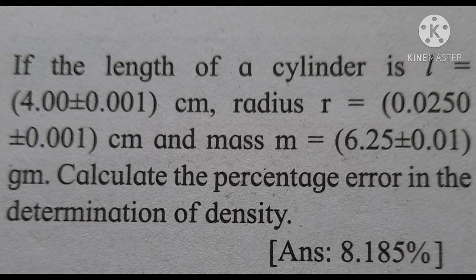Similar to that, the radius is also measured with a screw gauge, which has a least count of 0.001 centimeter. This means that the maximum possible error in the measurement of radius is 0.001 centimeter.